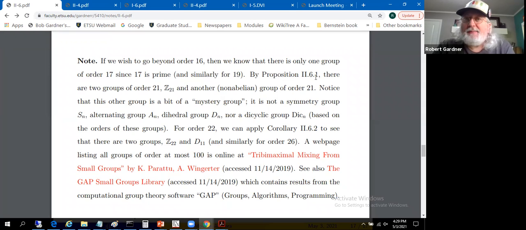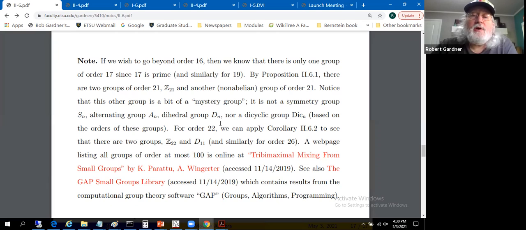As explained in proposition 2.6.1. I call it kind of a mystery group based on the fact that it's order 21. What could it be? Well, it ain't a symmetry group. Symmetry groups are order n factorial, and there ain't no factorial that equals 21. Alternating groups are n factorial over 2, so it ain't an alternating group.